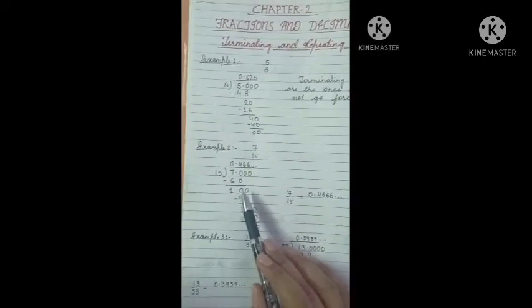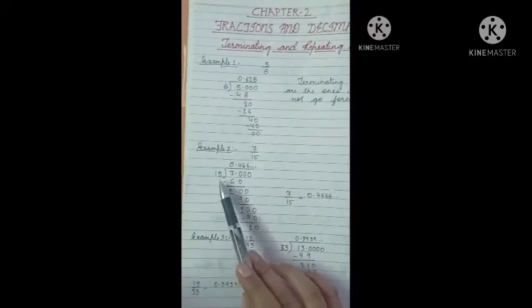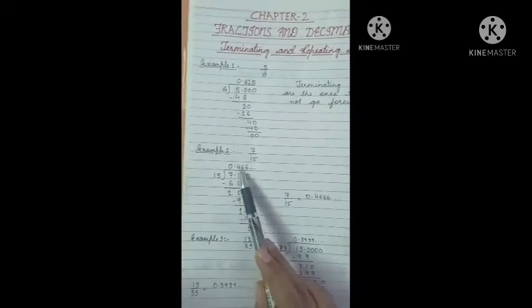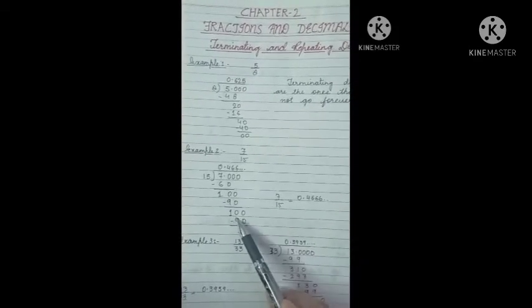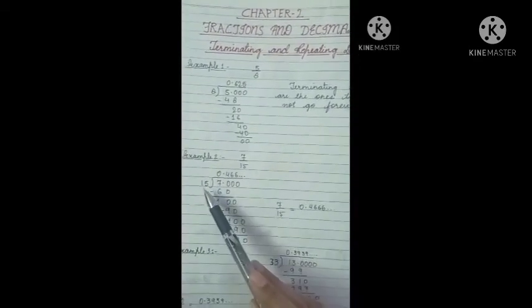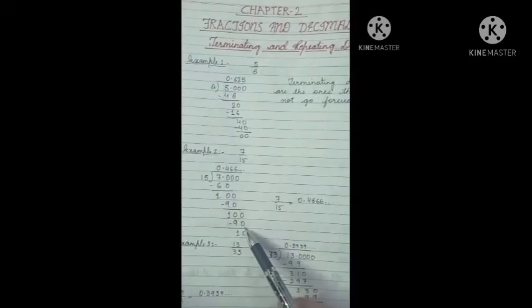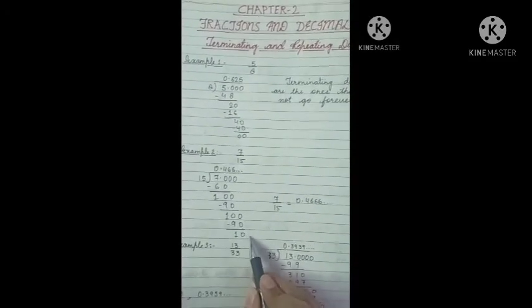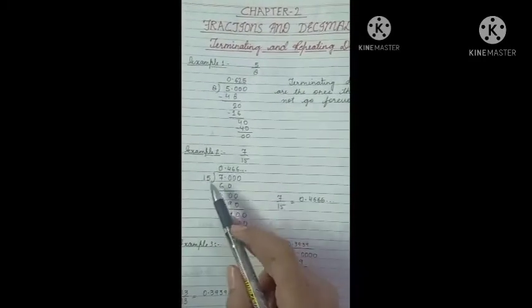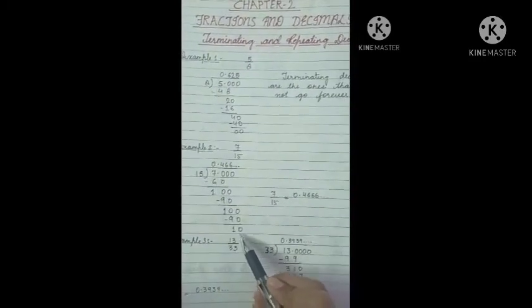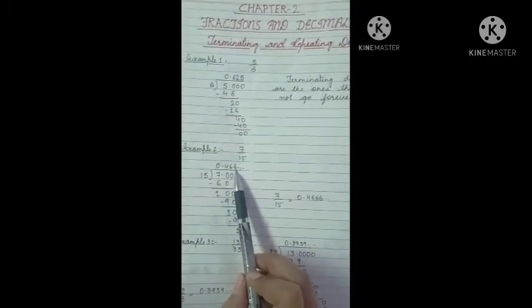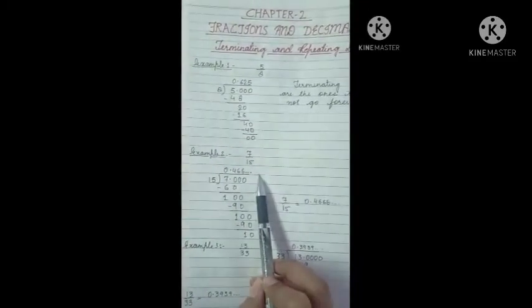When you divide this, you get 15 4 times 60, and then here you get 100, then 15 6 times 90, then again you get 100 here, then again you do 15 6 times 90, then again you are getting 10 here, and again you do 15 6 times 90. So here you can see that this 6 is repeating in the quotient, right?